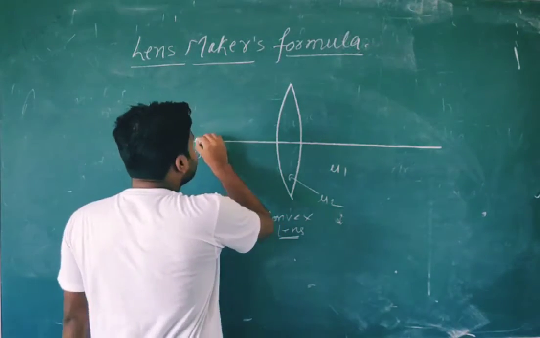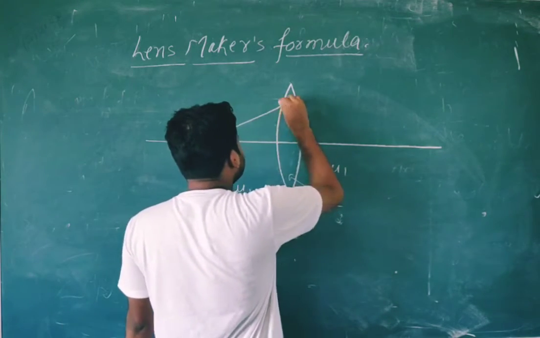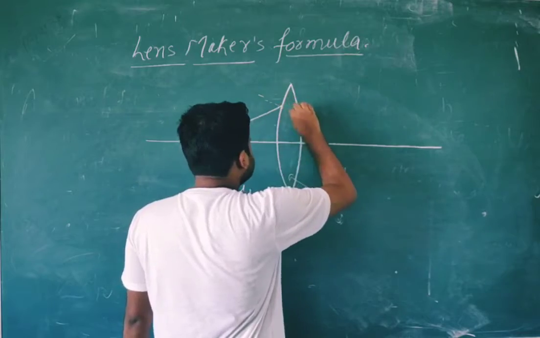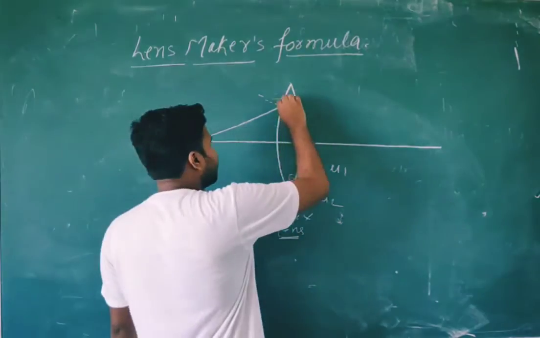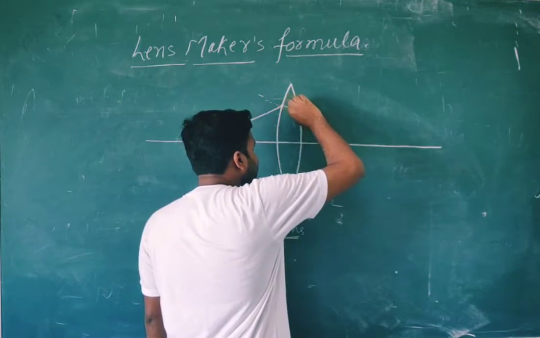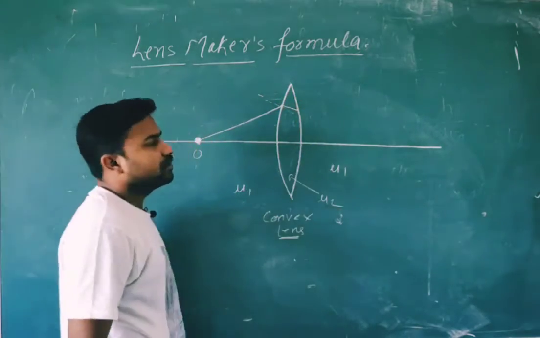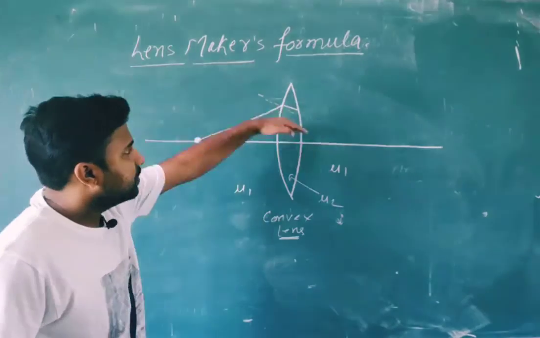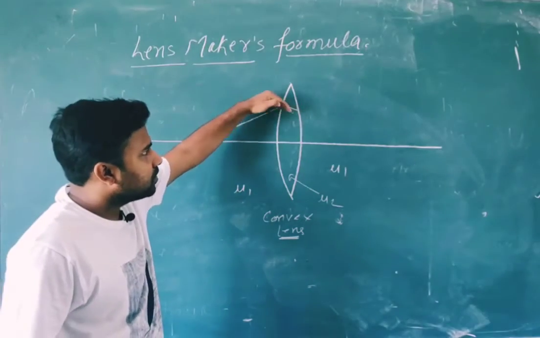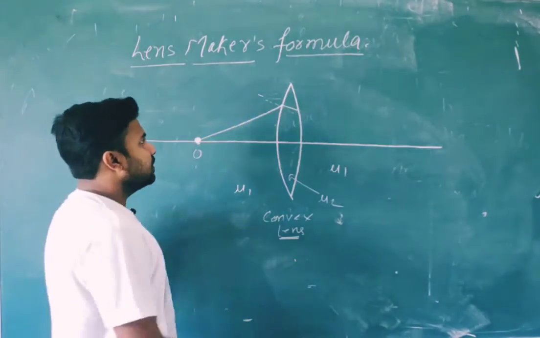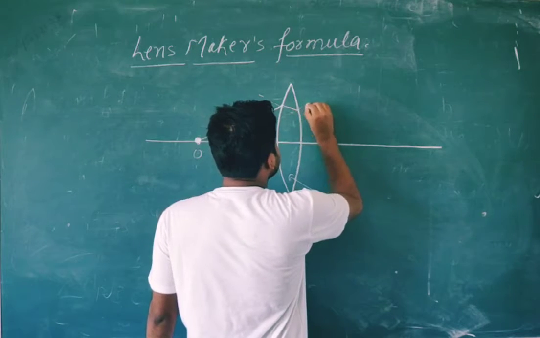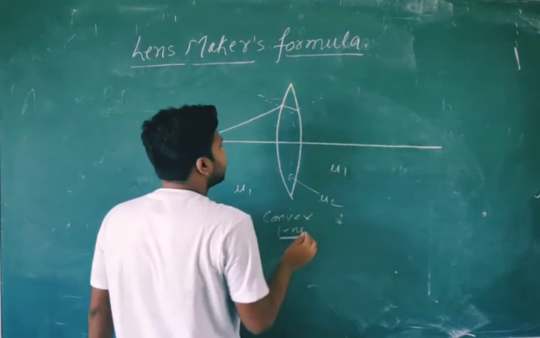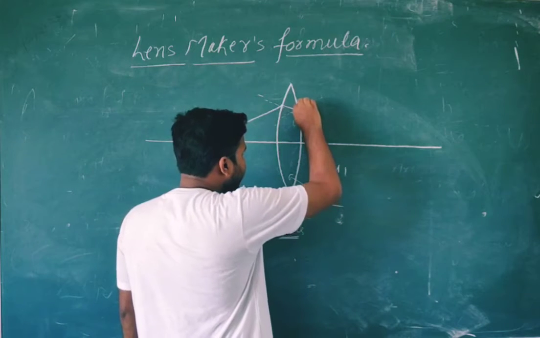Now a ray coming from this point object will first refract at this first surface. What will happen? It will tilt towards the normal drawn here. Then when it refracts at this right surface, I am assuming this one is the left and this one is the right surface, it will go away from the normal.